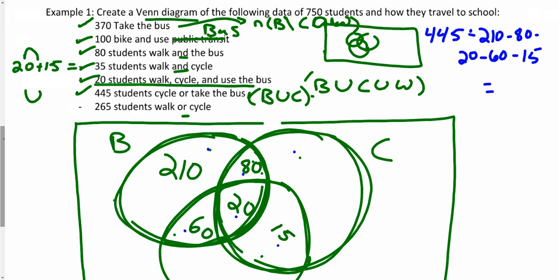And that'll give me just the people that cycle. So let's see here. You should get 60.